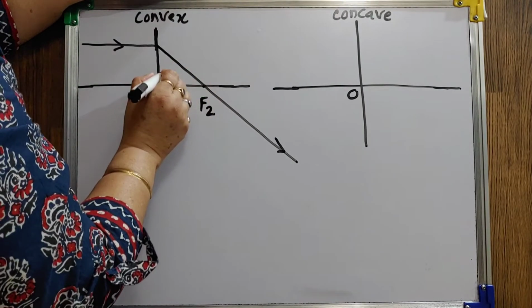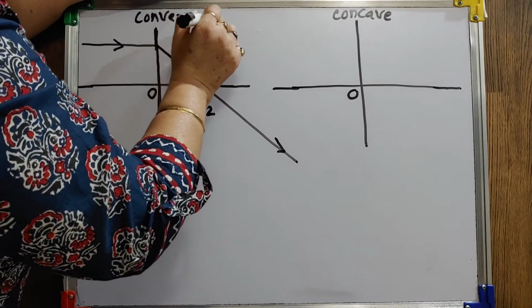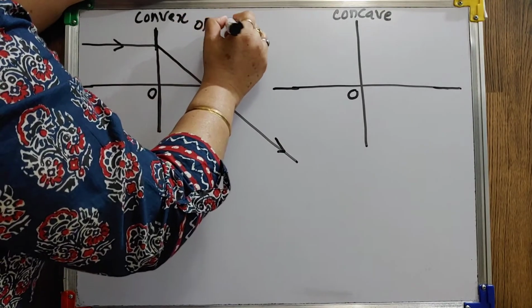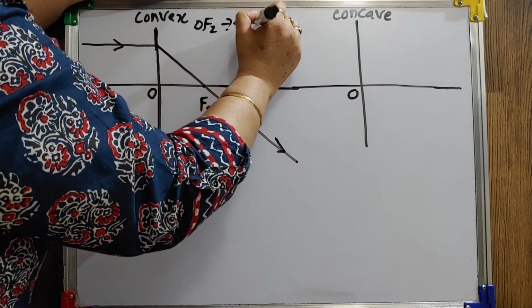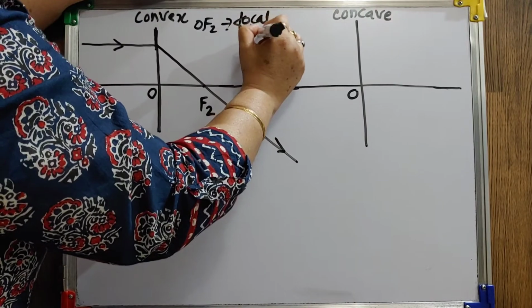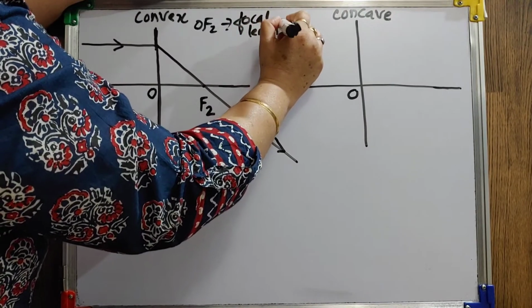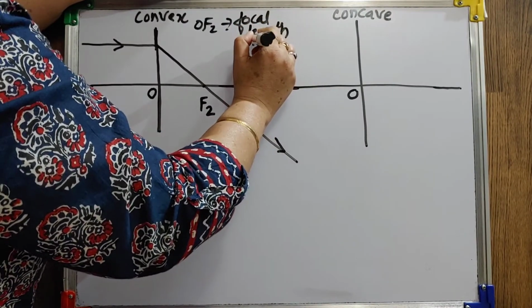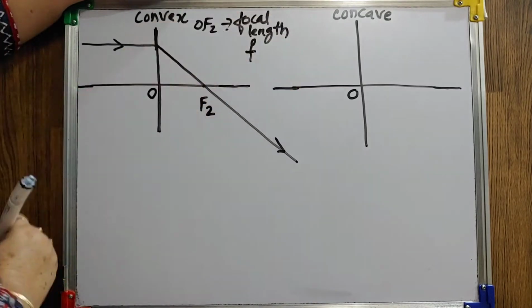This distance between O and f2 is known as focal length, which is indicated by f.